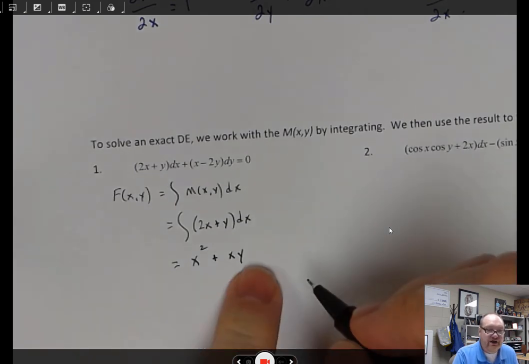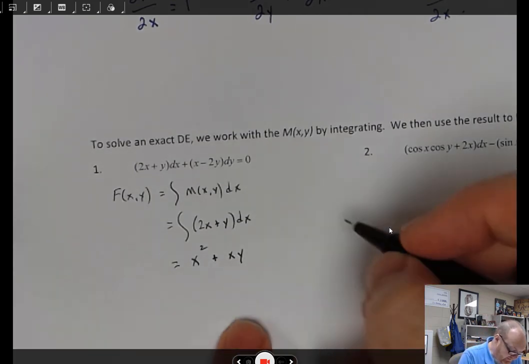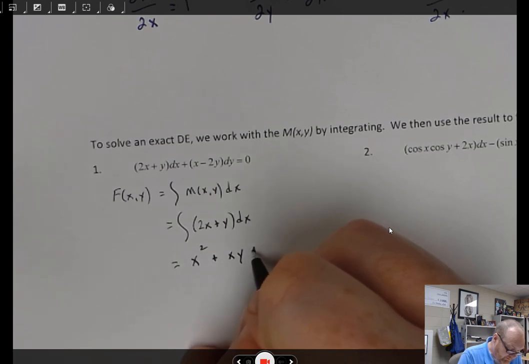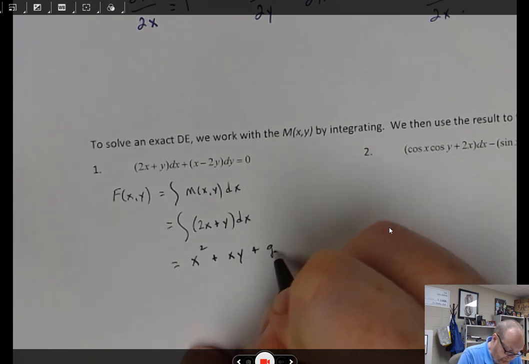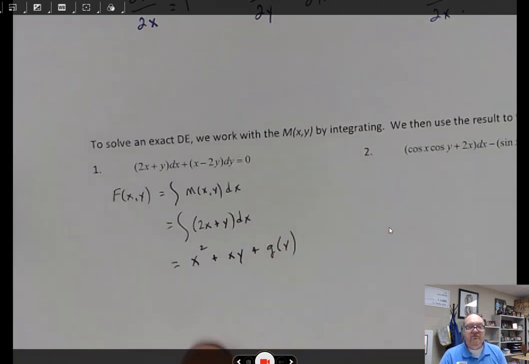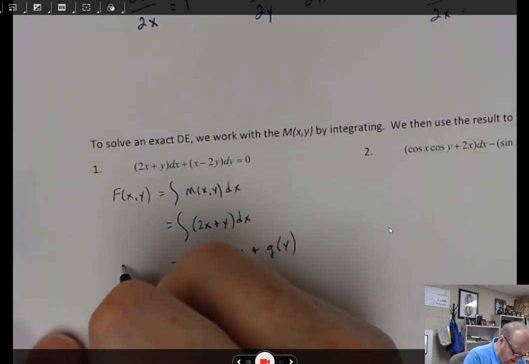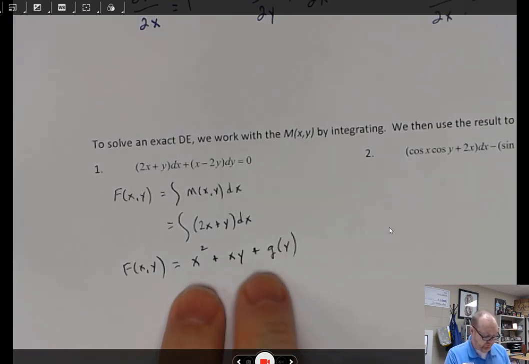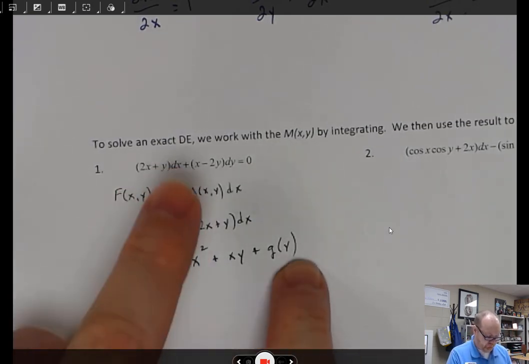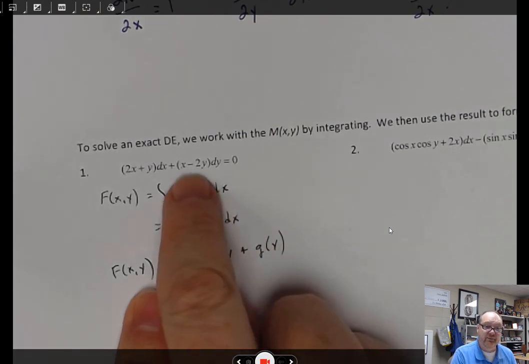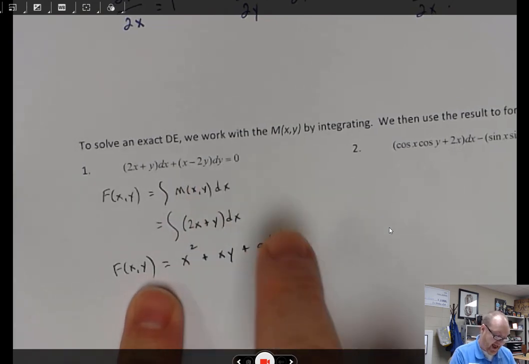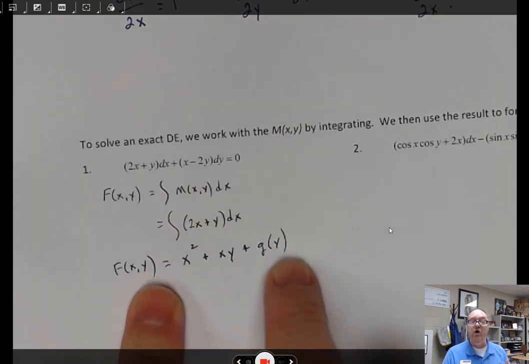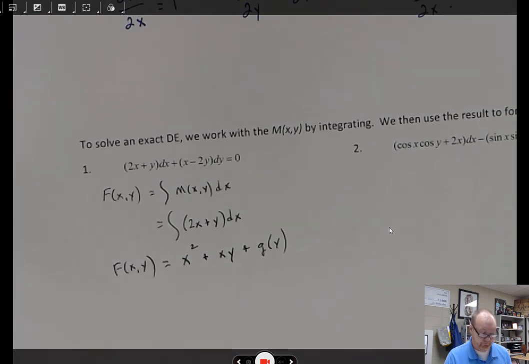Normally right here I'd have a plus c, except in this function, what I'm going to do is have some function only of y. Remember what I'm doing: I'm looking for some big F function whose derivative with respect to x is this piece, and whose derivative with respect to y is this piece. So I've got to allow for this function that is only a function of y.